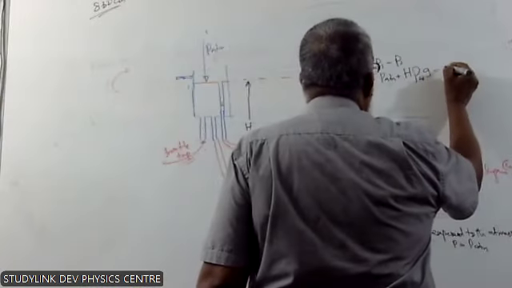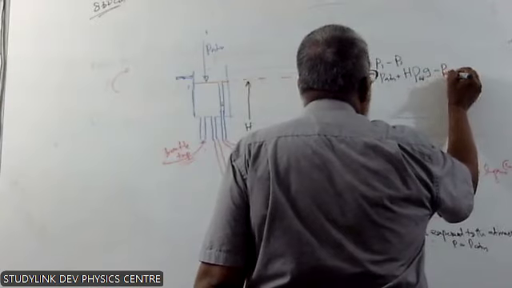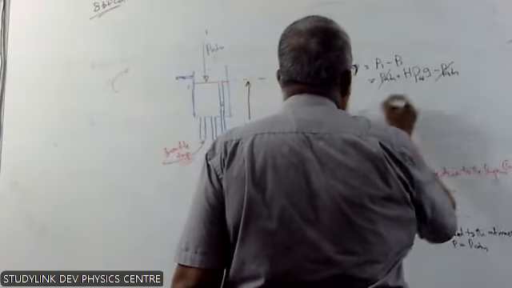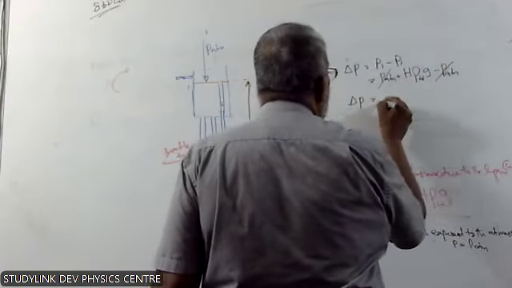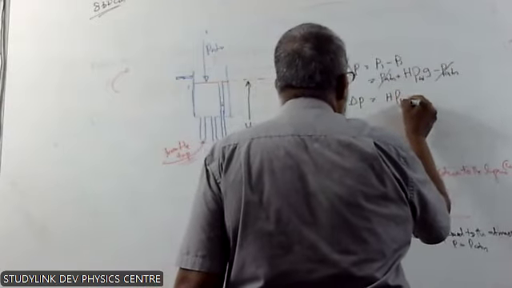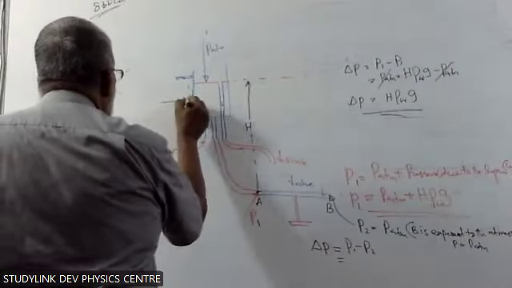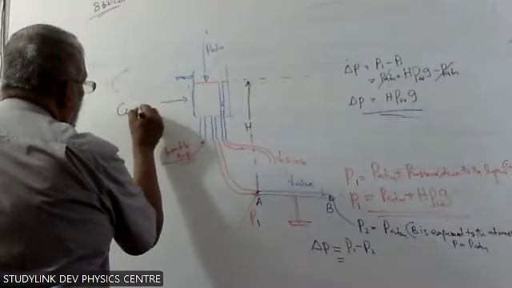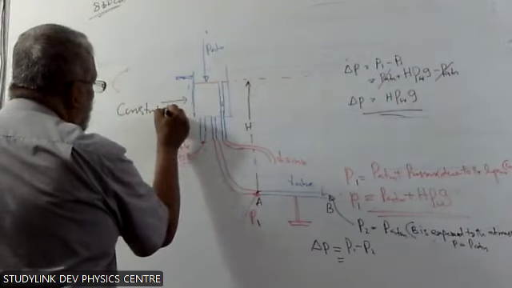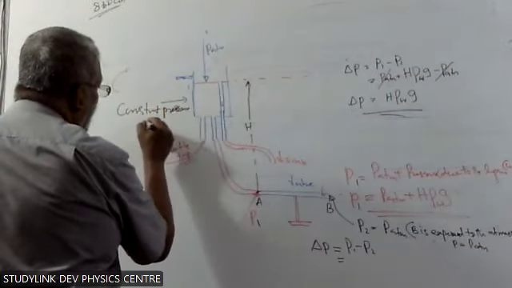Minus P2, and P2 is also P atm. Then these two cancel off. Then delta P is equal to H rho w g. What do you call this instrument? Constant pressure head.